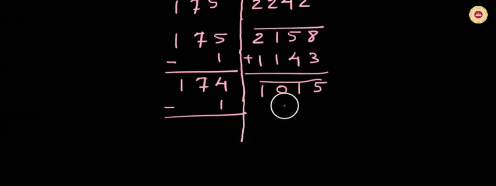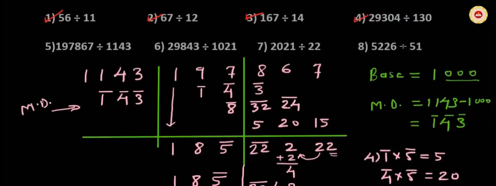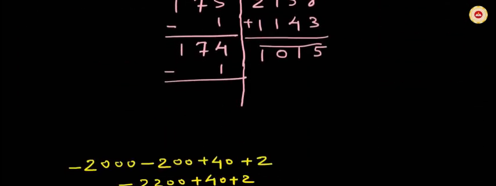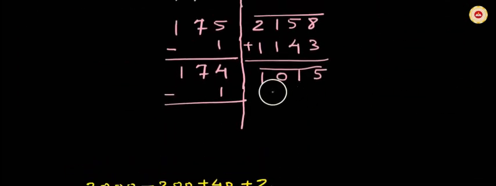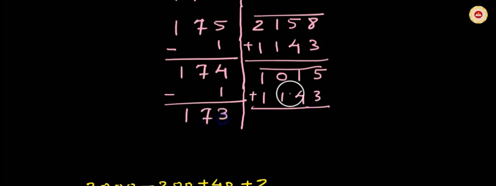Okay, so again add divisor 1143 to this negative remainder. So 174 minus 1 is 173. Now friends, let us add divisor to this negative remainder.